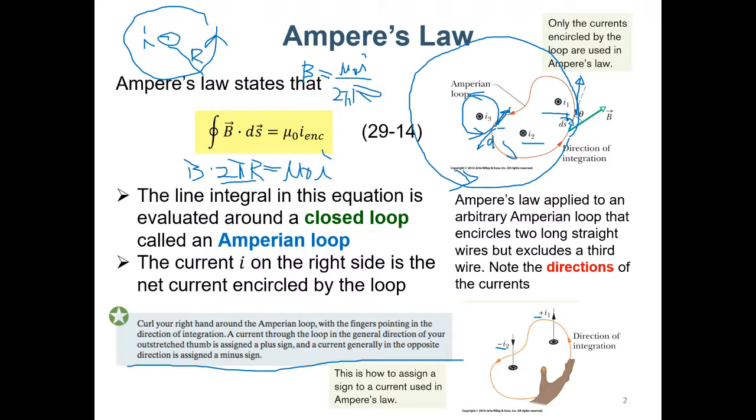Of course, it is not a proof. There's not a proof for this Ampere's law, but it will be very helpful when you really need to calculate the magnetic field.